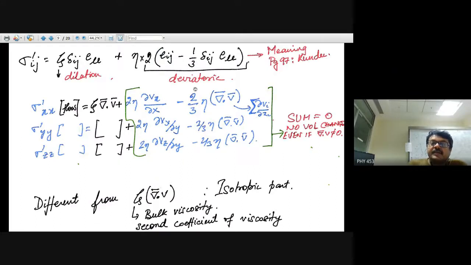So basically this is characterizing the mean deformation along the same direction along which the force is acting. But this will contribute, there will be a non-zero term, if along a particular direction the deformation is more compared to the mean deformation coming from divergence of v.